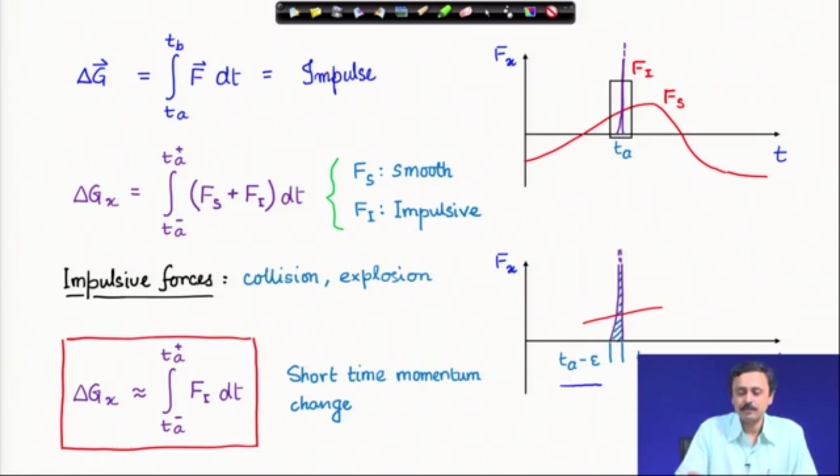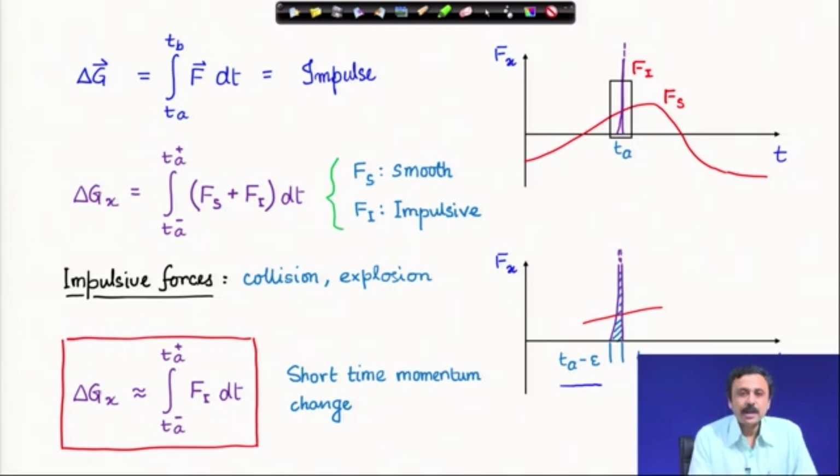So T A plus epsilon is to the right and T A minus epsilon is to the left, and when I do this integration over this very short time interval, then only I get the effect of this impulsive force, and in this small time interval the smooth forces hardly make any difference. So their contribution to the impulse is nearly 0, or negligible compared to the impulsive force contribution.